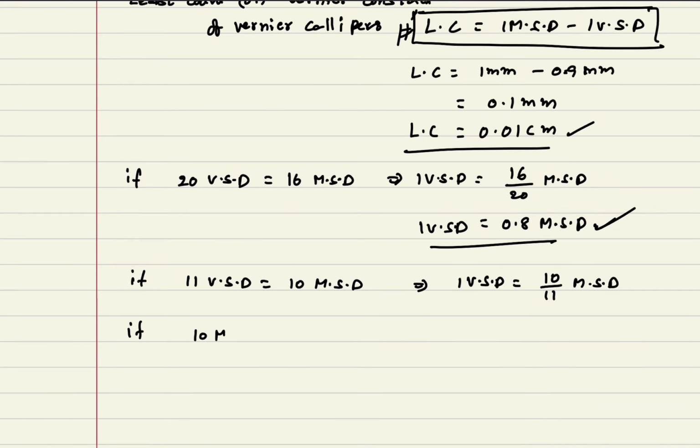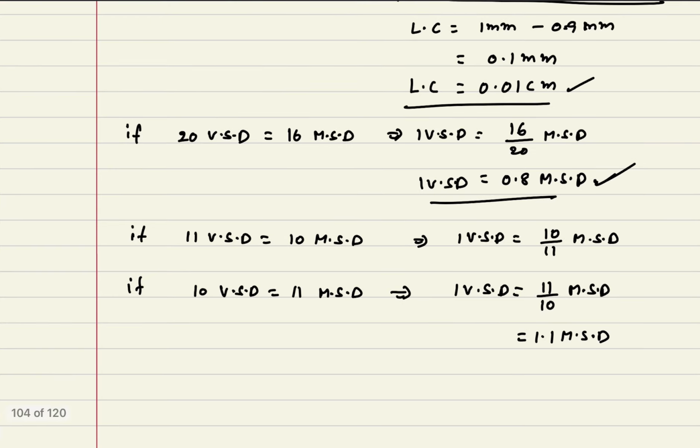If 10 vernier scale divisions coincide with 11 main scale divisions, then you can write 1 vernier scale division is equal to 11 by 10 main scale division. In this case we get 1.1 times the MSD. So we can see each division on the vernier scale is more than each division on the main scale.